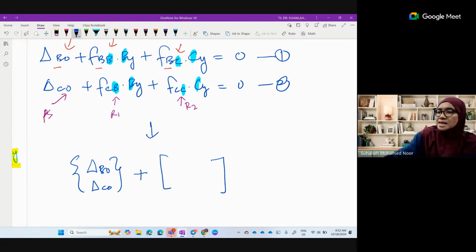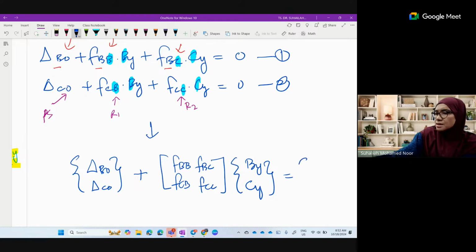Okay, and then all 4 displacement in redundant system yang pakai simbol F also we group together. Kat sini dia matrix dan dia akan follow matrix karakteristik. So FBB, FBC, FCB, FCC. Kan matrix macam tu kan? Okay, so the first one is BY, first redundant. Second redundant is CY.